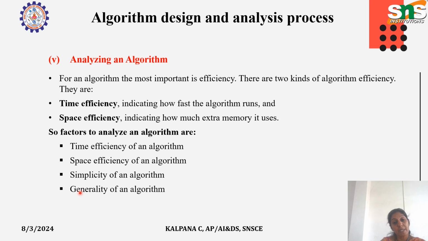It must not be a complex one, it must be a simple one, and also the generality of the algorithm. Once you write an algorithm, it must be applicable to the same type of problems. So these four things we must concentrate on: time efficiency, space efficiency, simplicity of an algorithm, and generality.